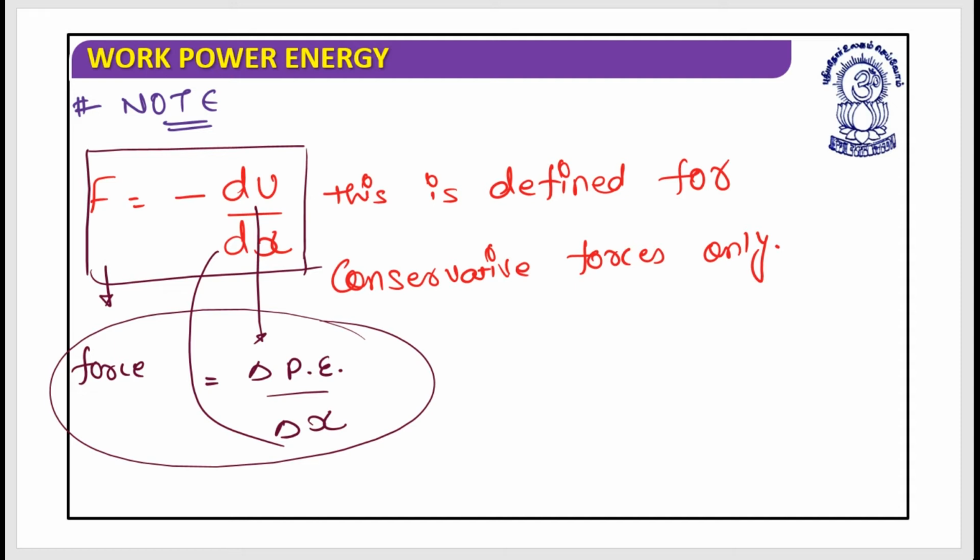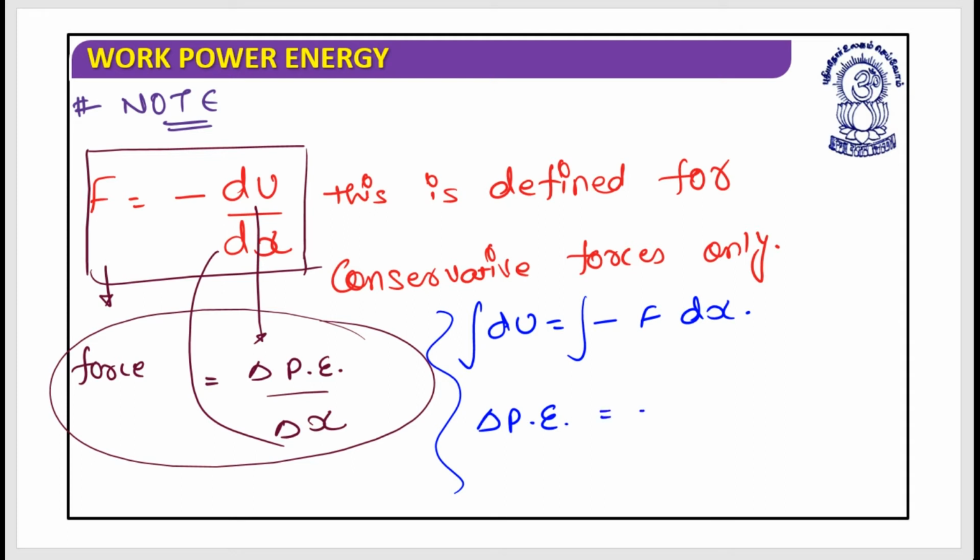Force is equal to minus dU by dx, and this can be defined for conservative forces only. From this, dU could be written as minus F dx, and if I integrate this, the change in potential energy equals minus the integration of F dot dx, which is minus of work done.